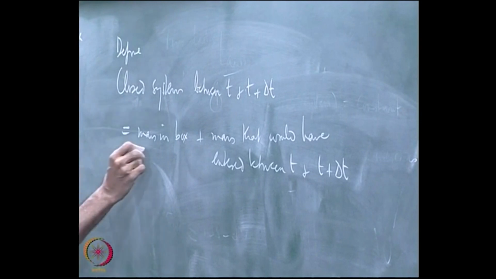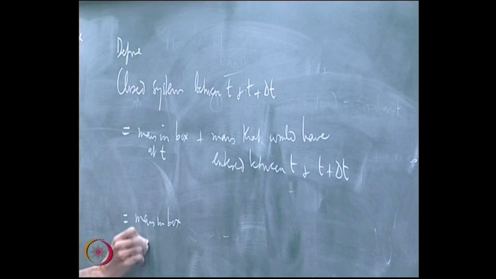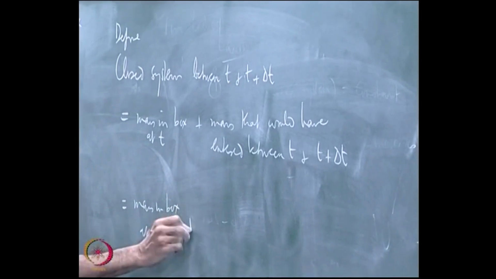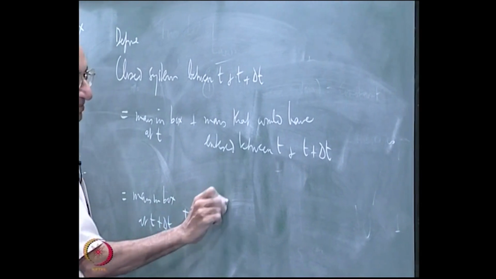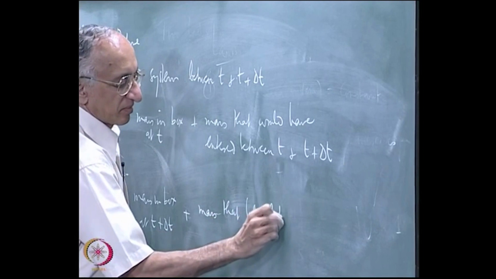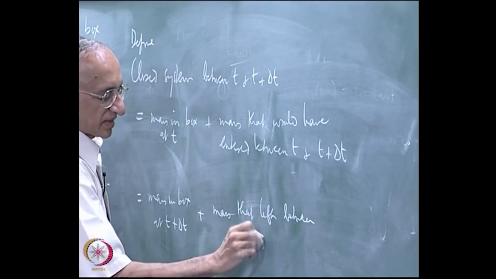Mass in box at t. This is also equal to mass in box at t plus delta t plus mass that left between t and t plus delta t.